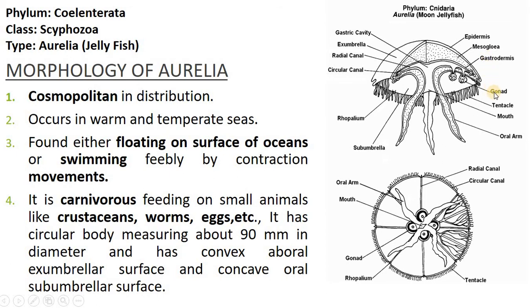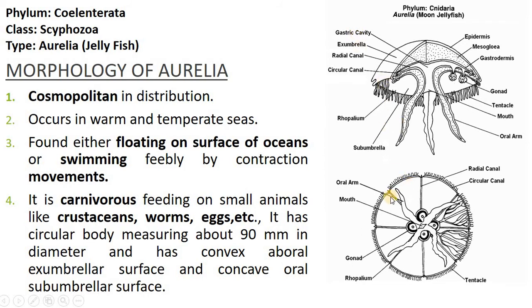We find the gonads, the tentacles, the mouth, the oral arm, the subumbrellar surface, the rhopalium, the circular canal, the radial canal, the exumbrellar or convex surface, and the gastric cavity, that is, the mouth leads to the gastric cavity or coelenteron.